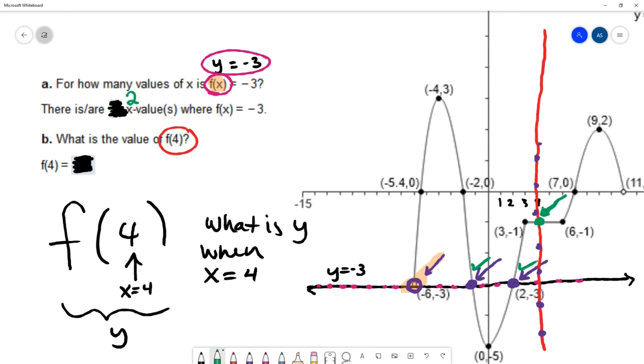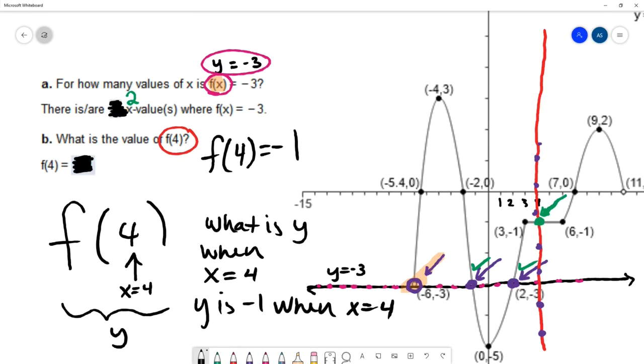This is the one that is on the graph, and that ordered pair would be 4, negative 1. So f of 4 is negative 1. So y is negative 1 when x is 4.